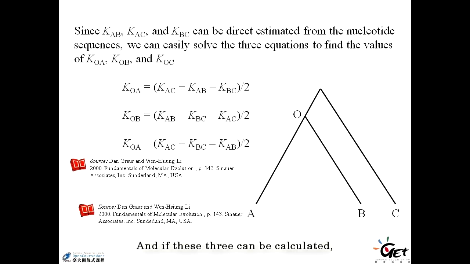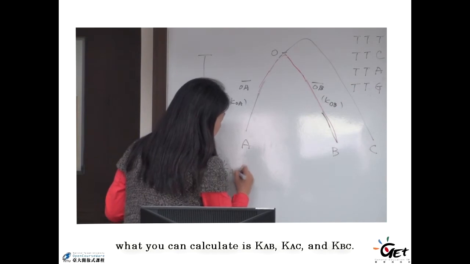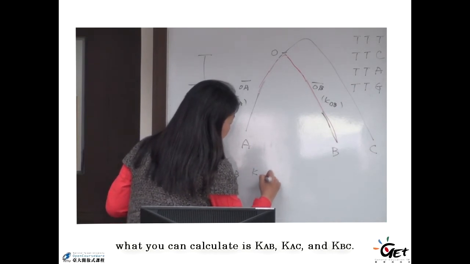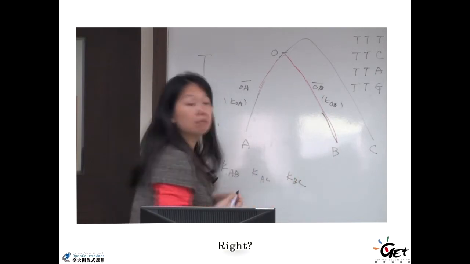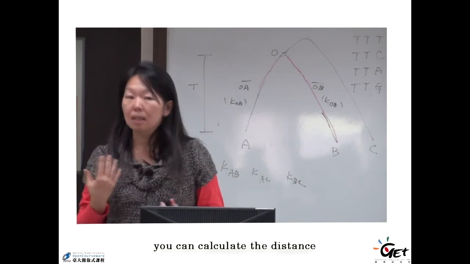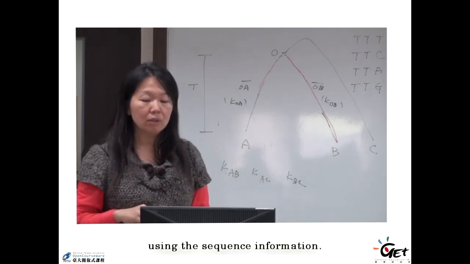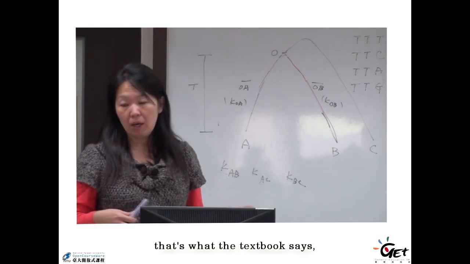And what you can calculate is KAB, KAC, and KBC. Because you have three sequences, you can calculate the distances directly from the sequence information, as the books say.